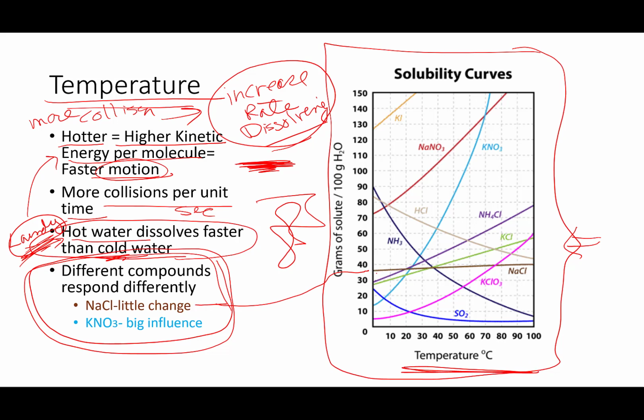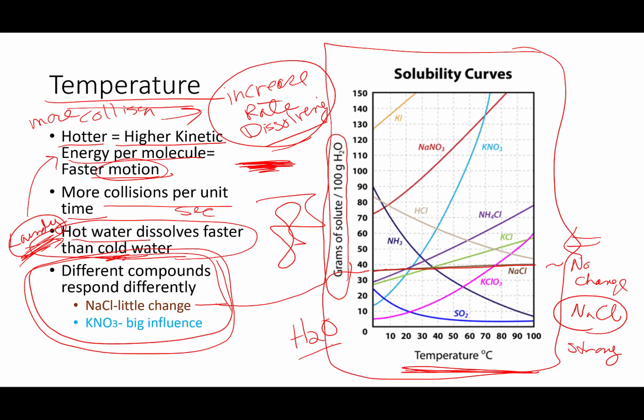And as temperature goes up, this y-axis says grams of solute per 100 grams of water. So as temperature goes up, look at what happens to sodium chloride. The amount that can be dissolved with increased temperature is almost no change. And that is because the sodium chloride bond between the sodium and the chlorine is so strong that an increased kinetic energy in the water does not make much of a change at all.